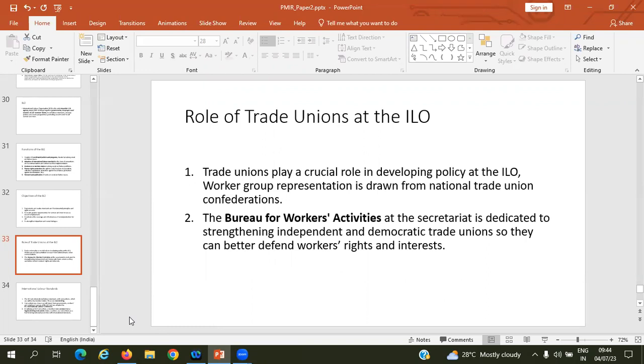So ILO is making sure that it is neutral, that it is taking care of employees and employers, and not standing on behalf of the politicians. So these are the main relations between ILO and trade union.